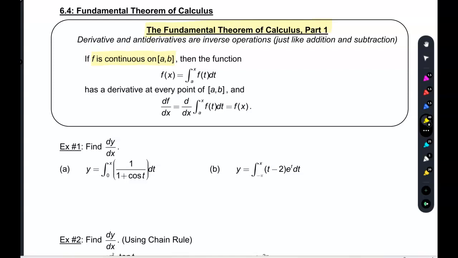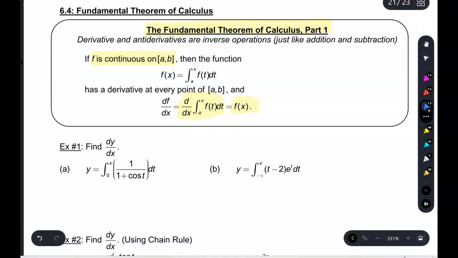Then it's going to have a derivative at every point, such that the derivative of the antiderivative gets back what our original equation was. The top limit of integration has to have a variable, usually x, and the lower limit of integration must be a constant.